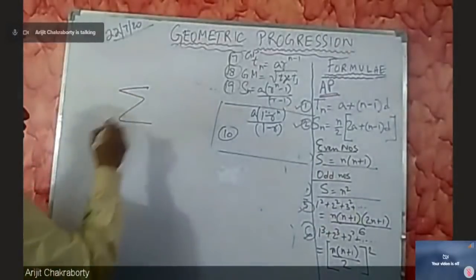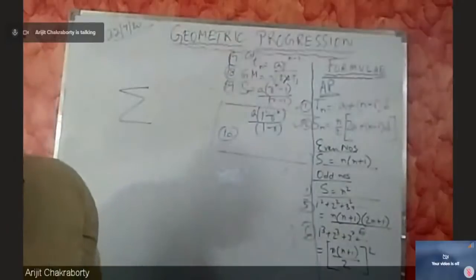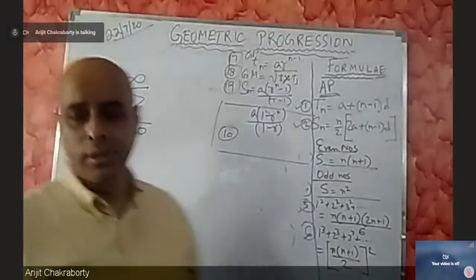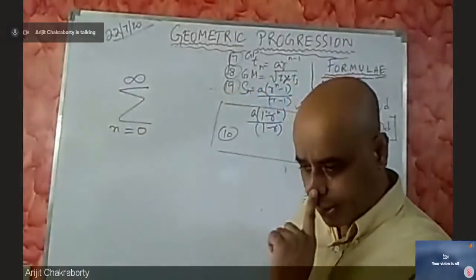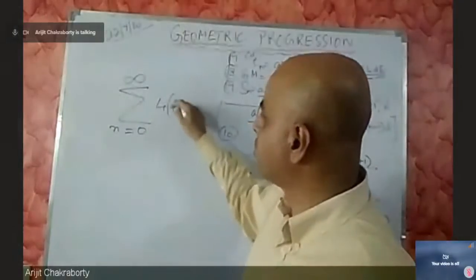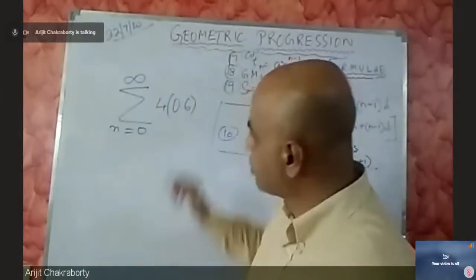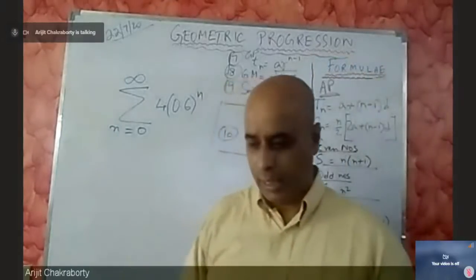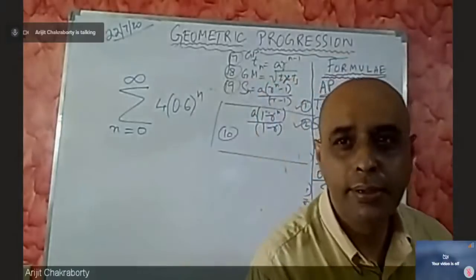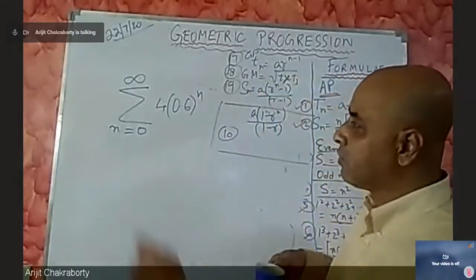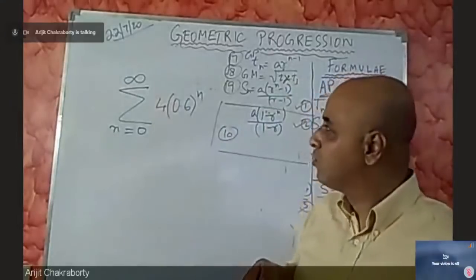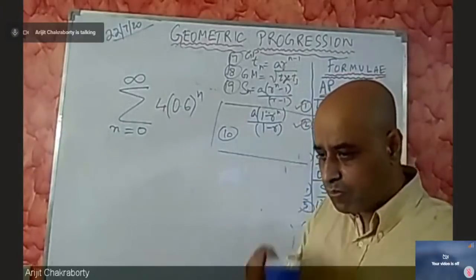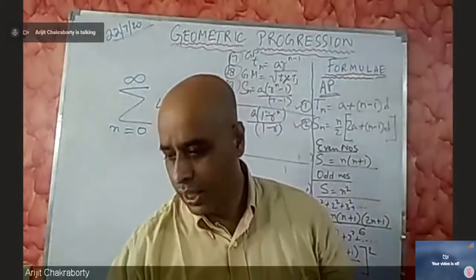Sigma n equal to 0 to infinity, 4 into 0.6 to the power n. How do you deal with this? Okay, please see the formula. Sigma n equal to 0 to infinity, 4 into 0.6 to the power n. So how do you deal with this?